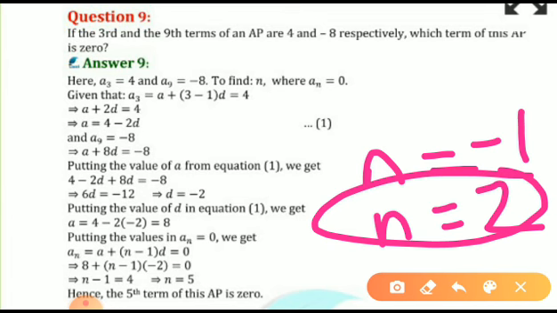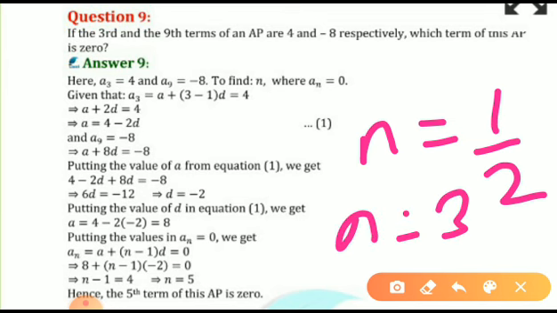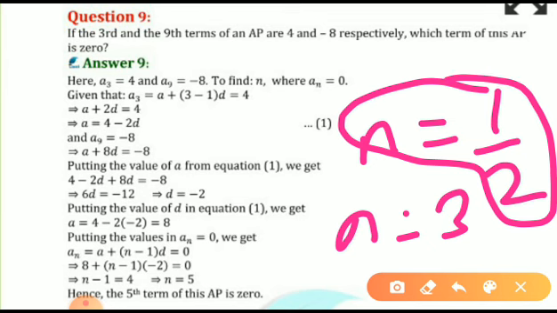Why? Because whenever we say nth term, n is nothing but a natural number. First term, second term, I cannot mean minus 1th term or 1 by 2th term. So n should always be a natural number. Is that clear? Similarly, if I get the value of n as 1 by 2 and n is equal to 3, again in this case, the 1 by 2 value won't be considered.